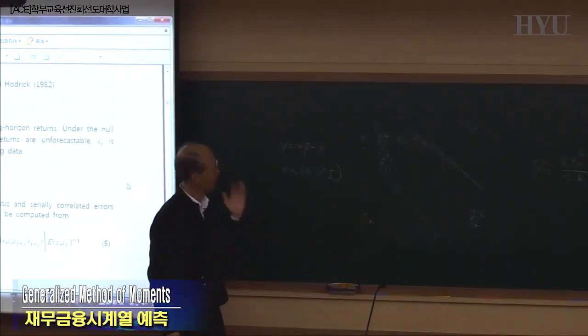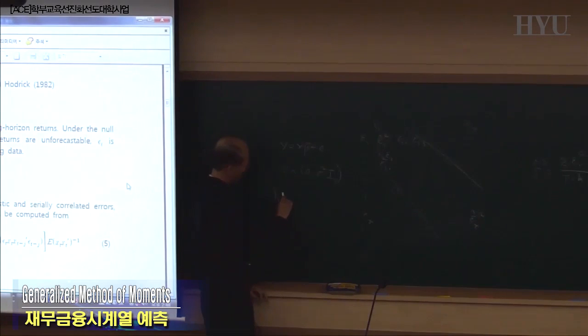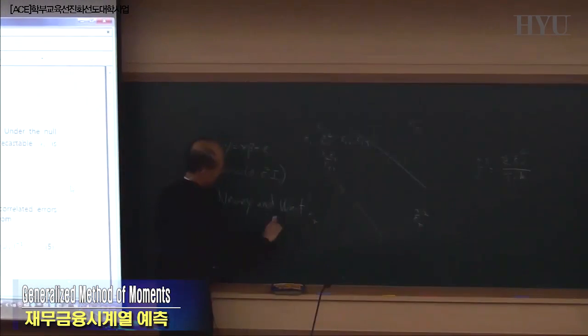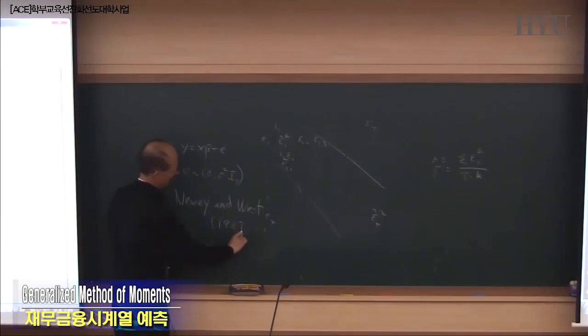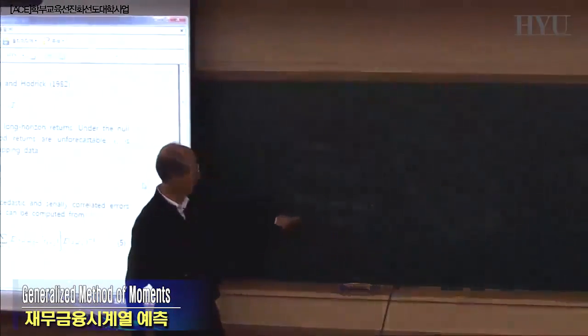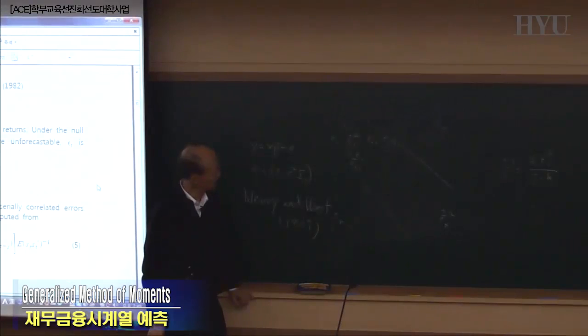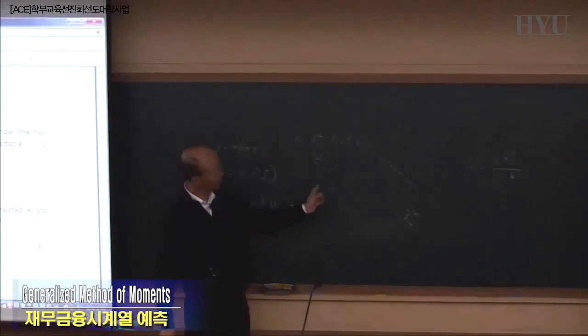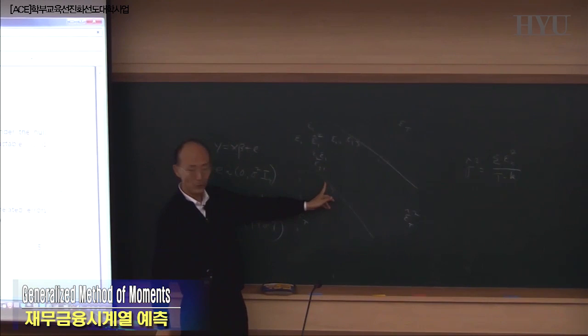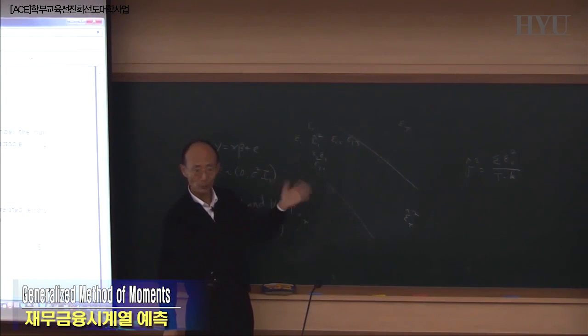Later, several years ago, Newey and West found the problem that when they apply the Hansen and Hodrick correction, sometimes the covariance matrix is computed, sometimes not. So that's a real practical problem.